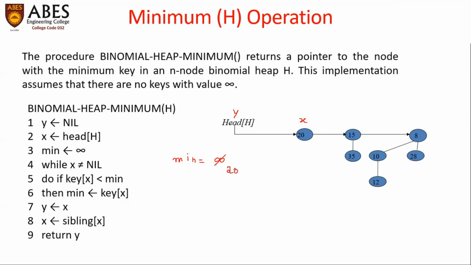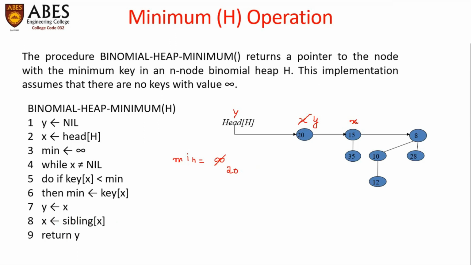Now it says to change your x to y. So this becomes your y and the sibling of x becomes your x. The sibling of x is 15, which becomes your new x.